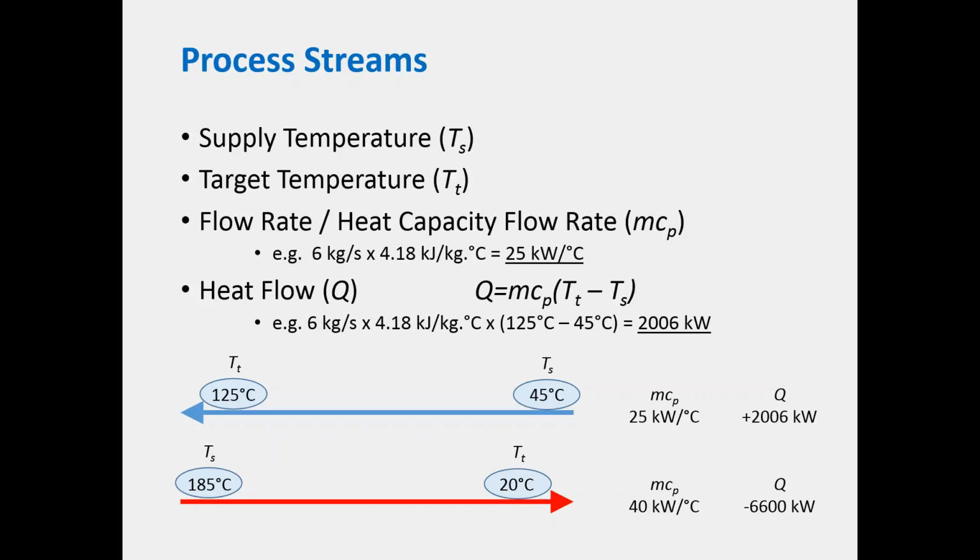So these particular properties are important when we're considering our hot and cold streams. The supply temperature, the target temperature, and our heat capacity flow rate are the three minimum pieces of information which we need in order to define our hot and cold streams.